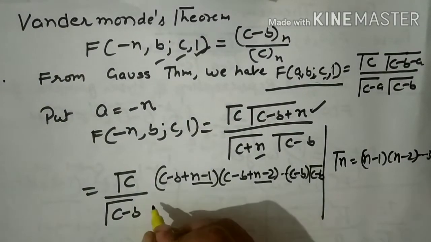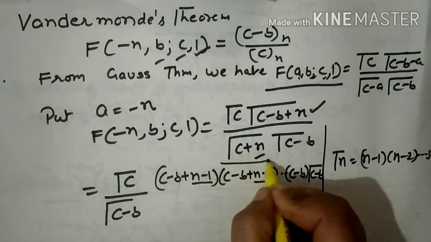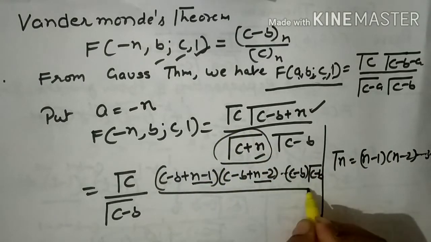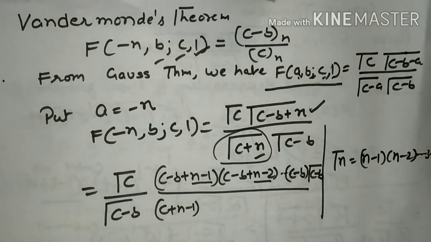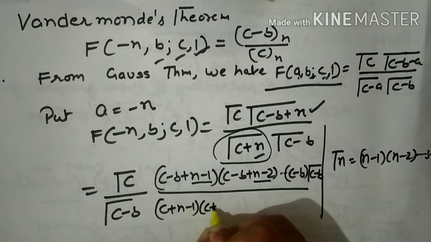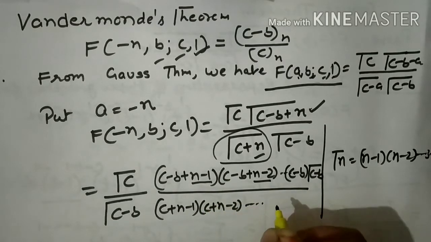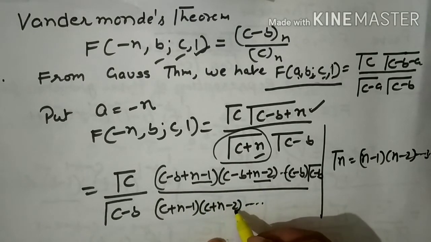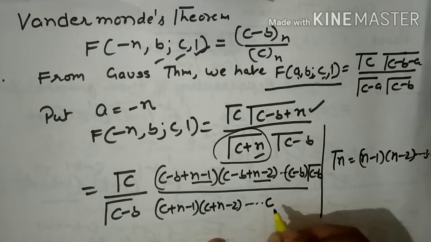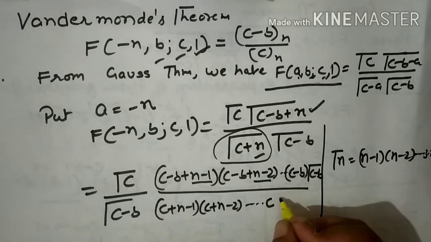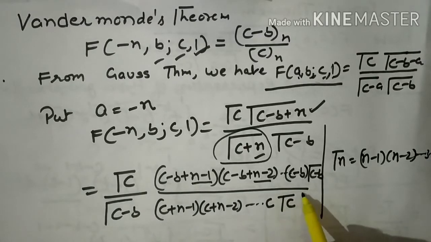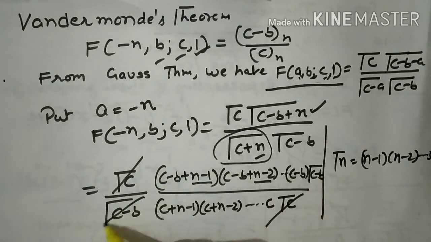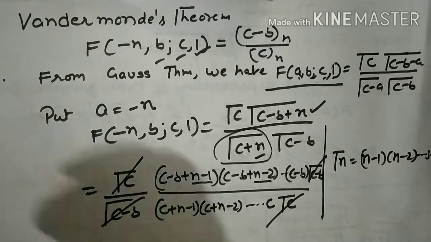In the denominator also we have to expand this term. So we will write c plus n minus 1, from c plus n minus 1 we will start, and then c plus n minus 2, and so on, down to c, and the rest of the terms will become gamma of c. So you can see gamma of c cancelled, and gamma of c minus b also cancelled here.